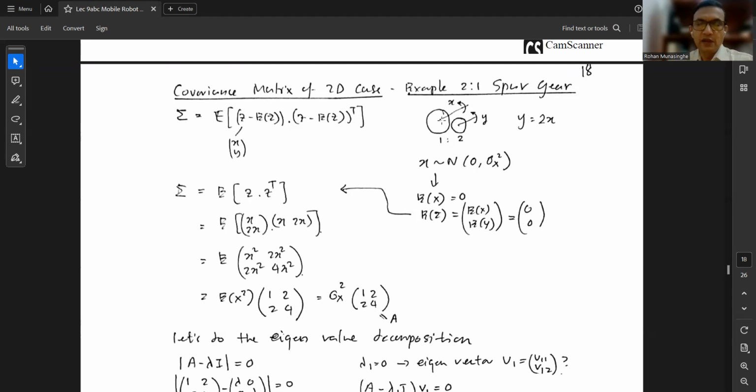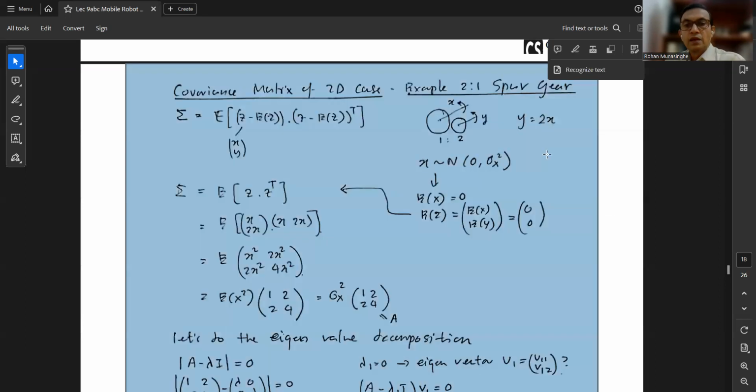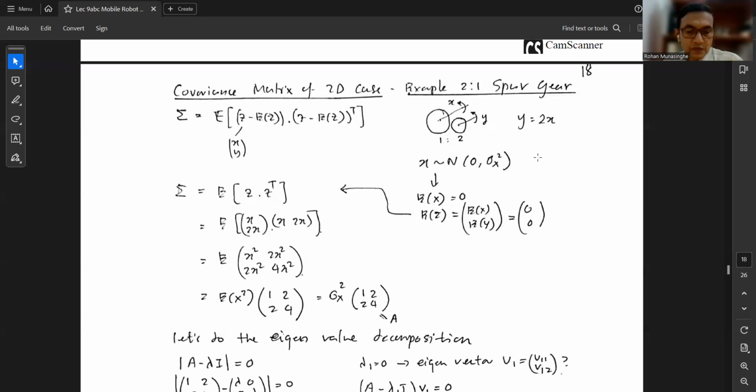My most probable location is exactly what I want it to be, but there's always a stochastic error, which is plus or minus something. So I assume X and therefore Y both normally distributed with zero mean.